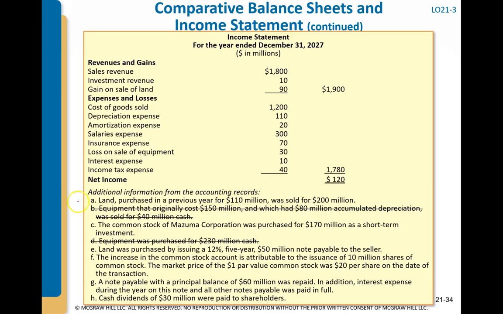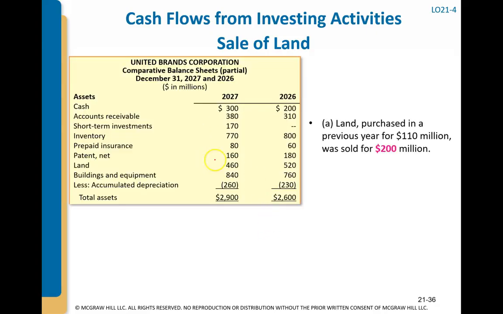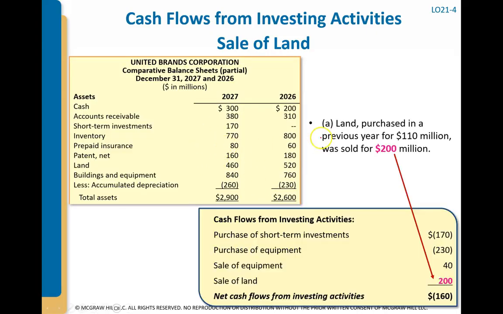Okay, so now we've addressed item B. Now let's look at item A, where it says land purchased in the previous year for $110 million was sold for $200 million. Let's go back into our balance sheet. Well, we know that we sold land for $200 million, so we received $200 million, so it's an inflow. So we're going to increase our net cash flows from investing and call it sale of land.